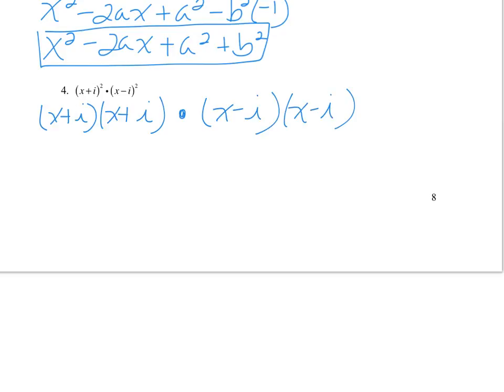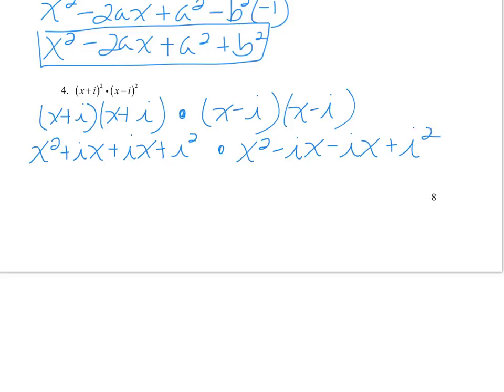I'm going to do double distributive property on the left, and I'm going to get x squared plus ix plus ix plus i squared times x squared minus ix minus ix plus i squared, because a negative times a negative is a positive.